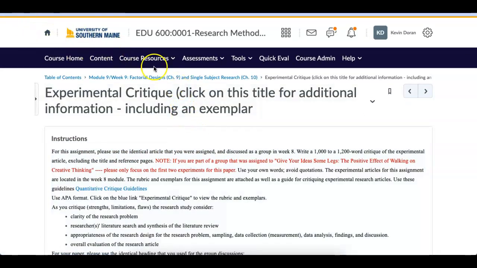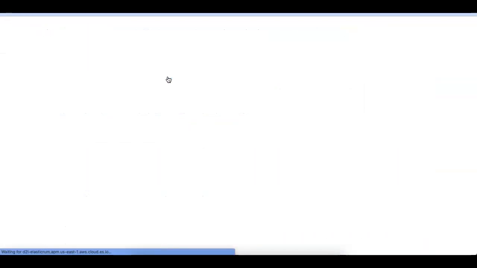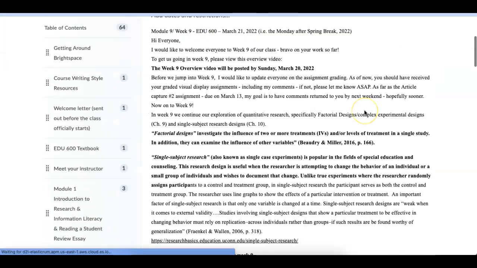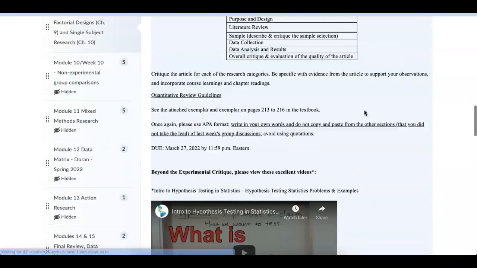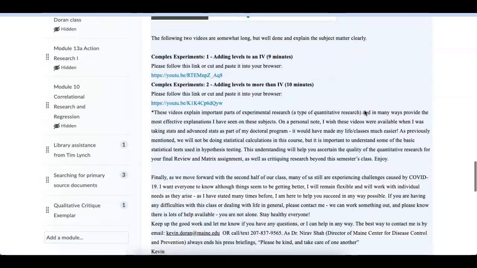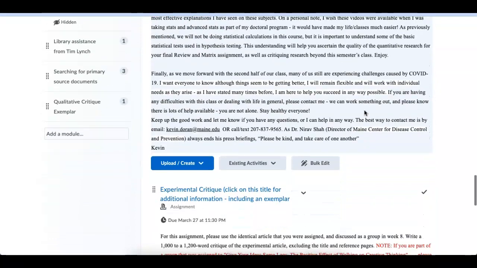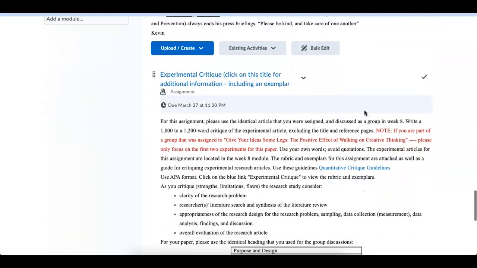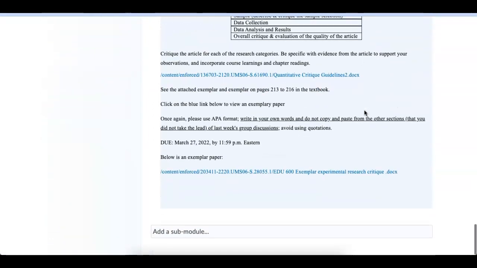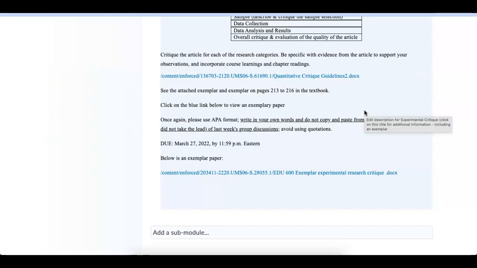So let me go back to the materials. Coming down, we have the videos, we have the assignment, we have the critique, and that is it. There is no discussion forum this week.